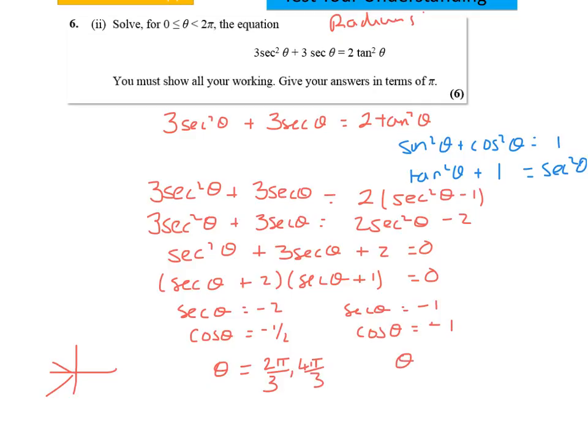And here my values of x equals minus 1. That will give me theta equals pi. So there are my 3 solutions within the given range, all working out shown.